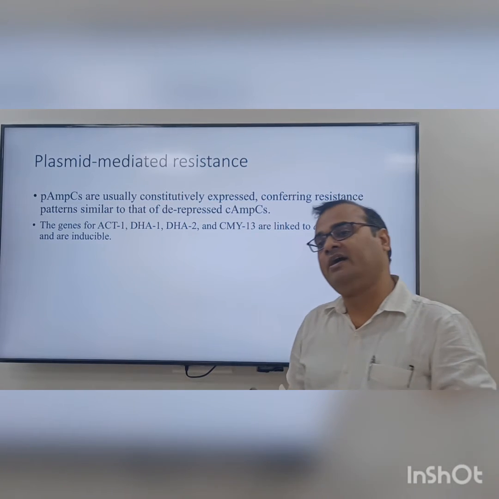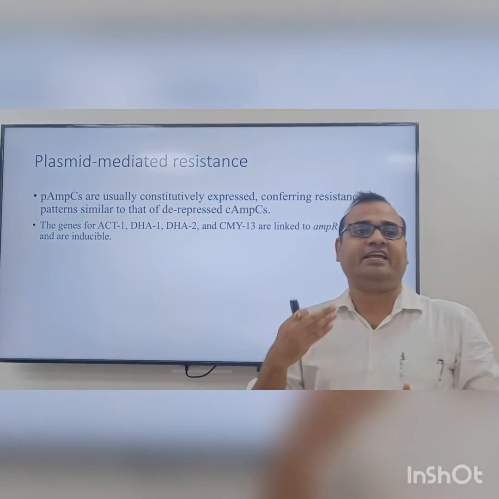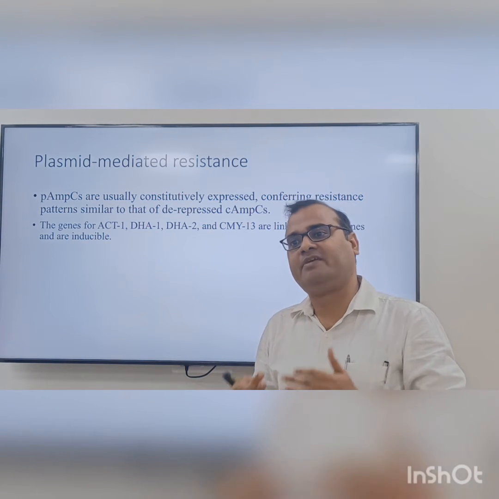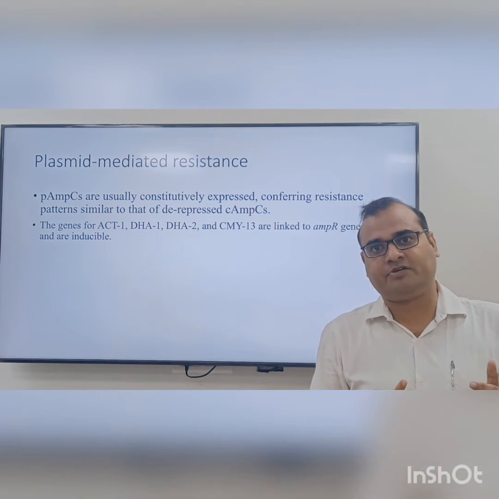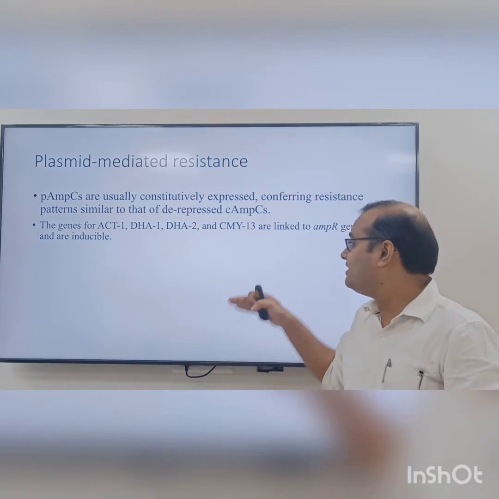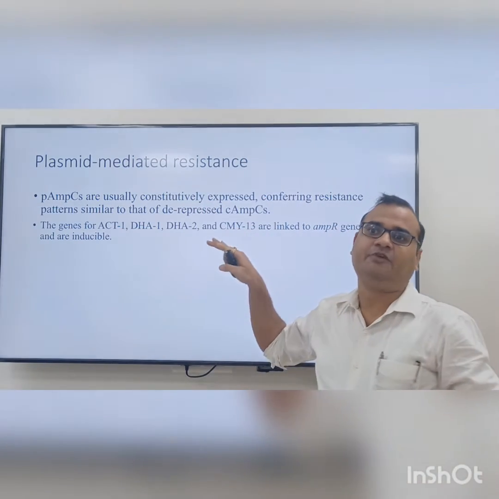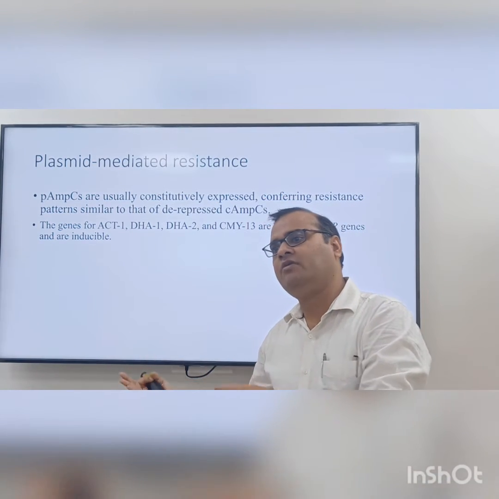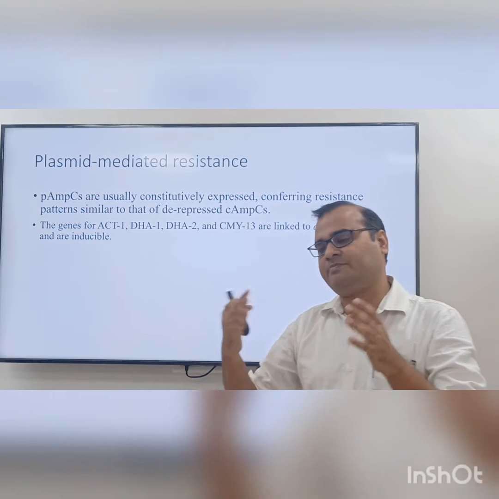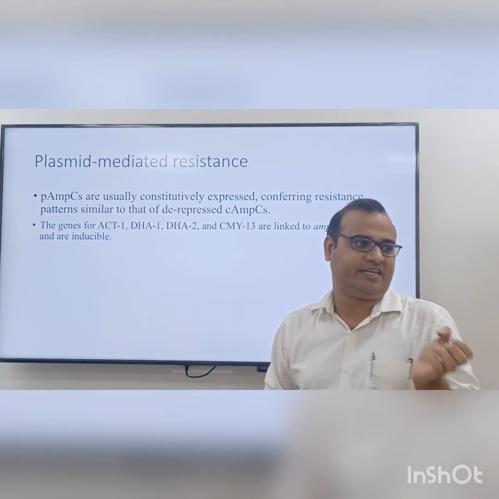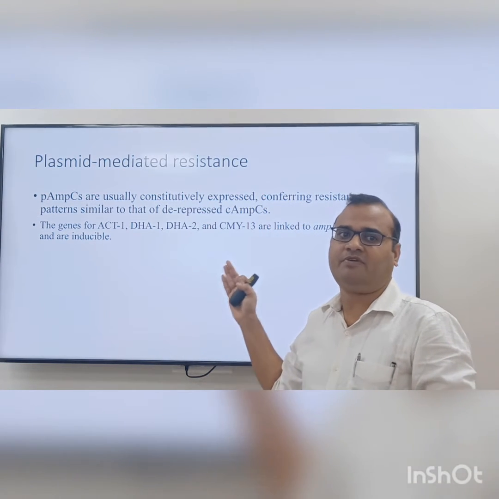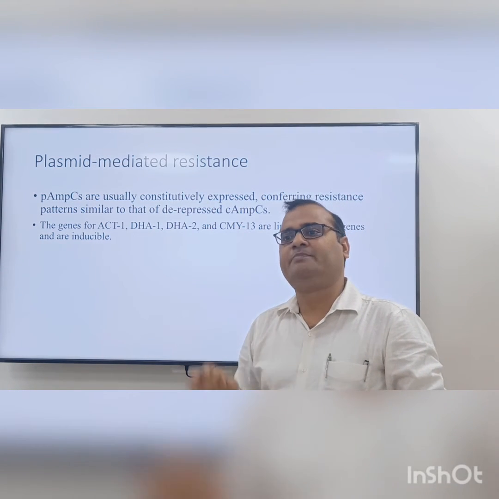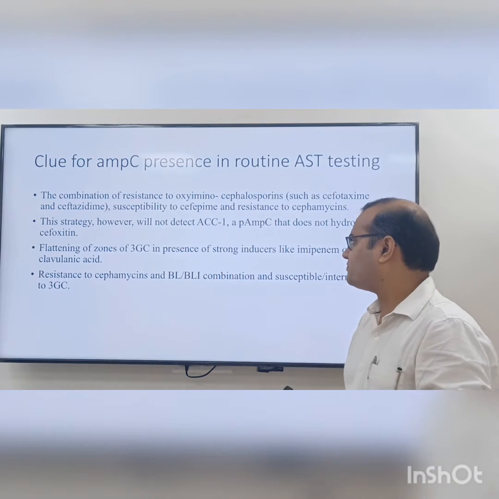So if we are experiencing any inducible AmpC phenotype in a clinical microbiology laboratory, we may assume that these may be the genes, and we need to confirm it by molecular methods. Suppose in E. coli or Klebsiella we are experiencing an inducible resistance mechanism, we need to confirm whether these plasmids are present in that particular isolate or not.